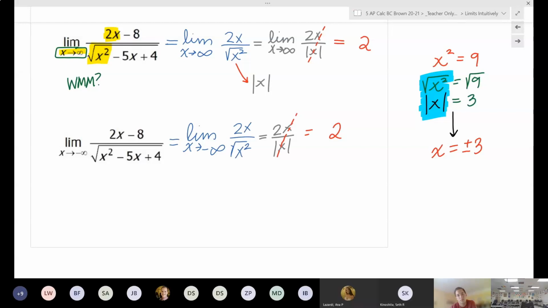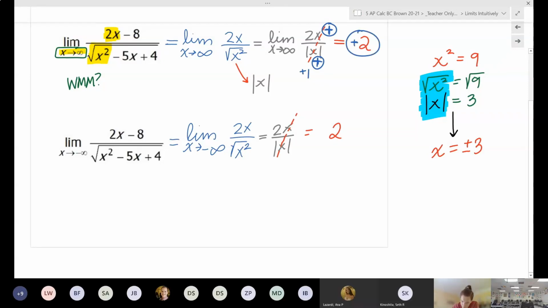So if we're on the positive side of x, well, the absolute value is always positive. The x values in the numerator would also be positive if I'm coming from towards positive infinity. Well, a positive over a positive means that those could cancel out and become positive 1. So my final answer would be positive 2.